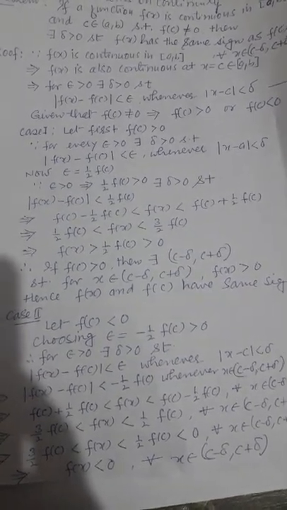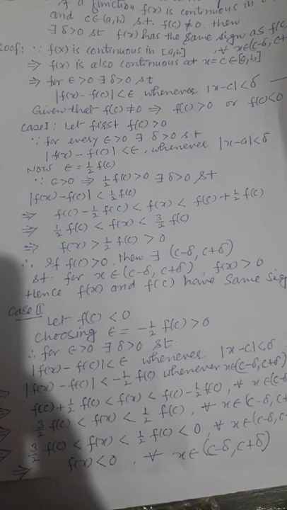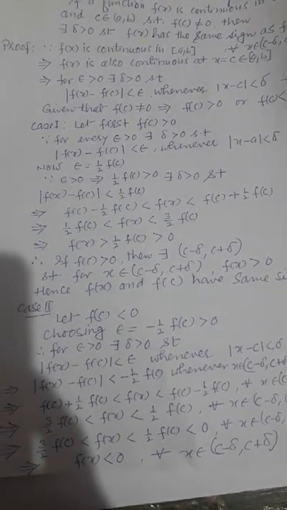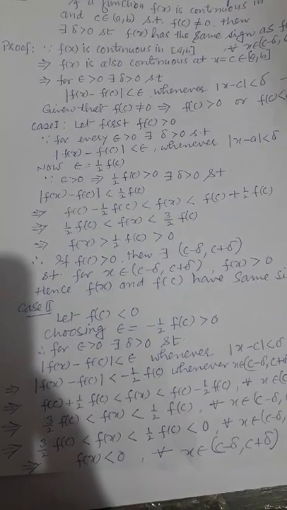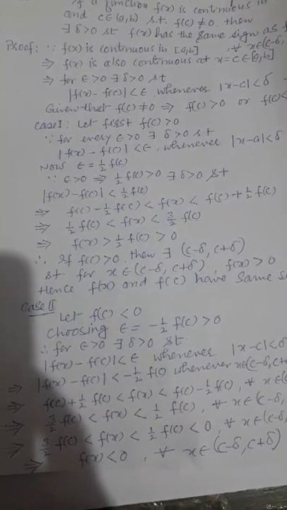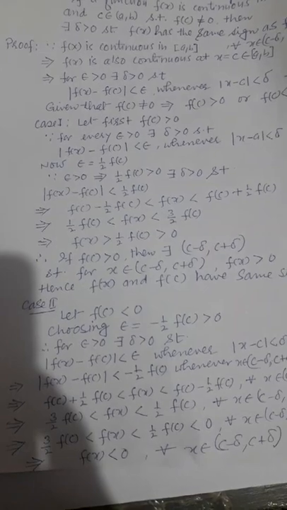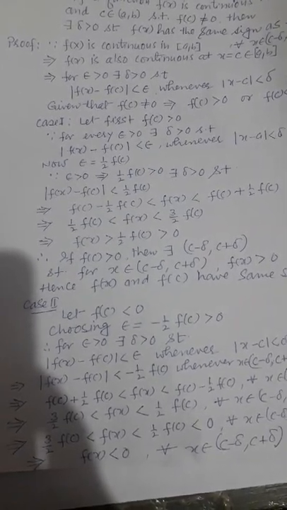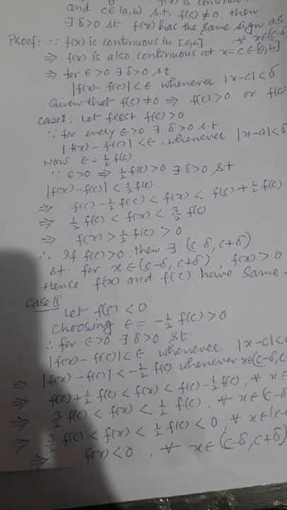So before proving this theorem, we should know about the continuity of the function in the closed interval [a, b]. It means the function is continuous in the open interval (a, b), right continuous at a, and left continuous at b.